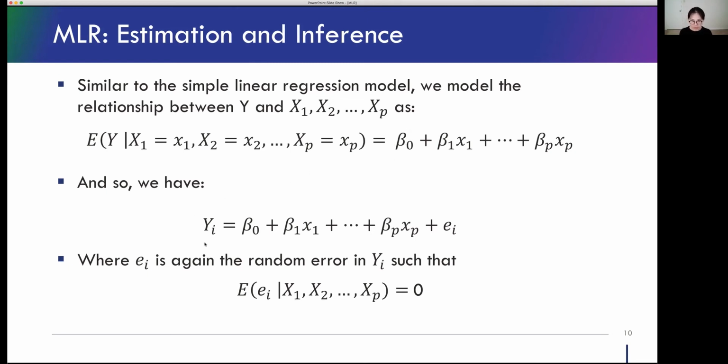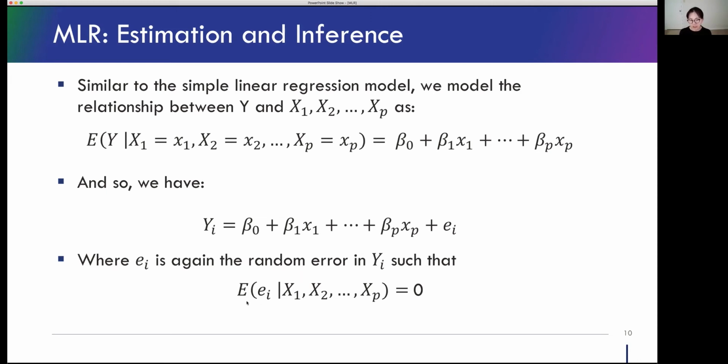So what the full model looks like is this: yi equals beta 0 plus beta 1 times x1, beta 2 times x2, beta 3 times x3, etc., up to beta p times xp, plus ei, which, again, is a random error.